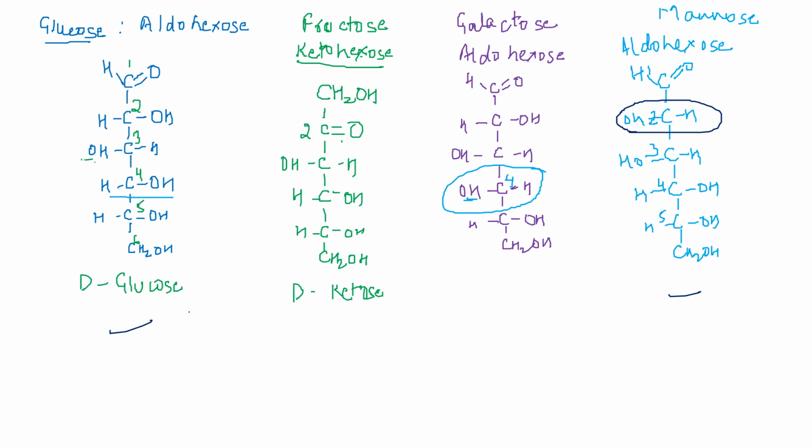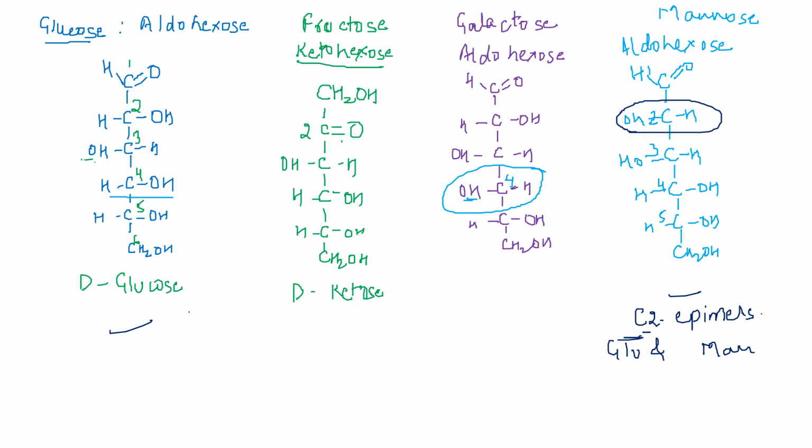So glucose and mannose are C2 epimers. Glucose and mannose, which means they differ in configuration only at C2.